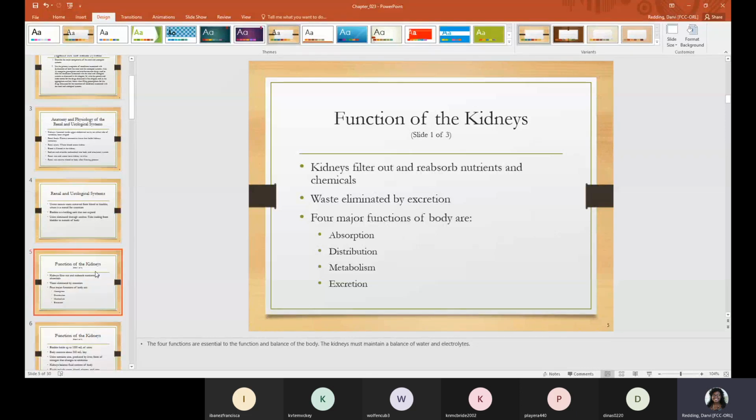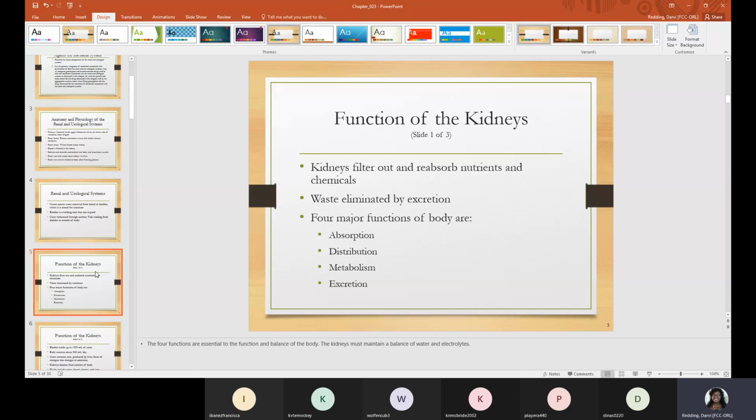And you should understand and know that there are four major functions of the body, and that is abbreviated as ADME, which is also known as pharmacokinetics. So the four major functions of the body are absorption, distribution, metabolism, and excretion.